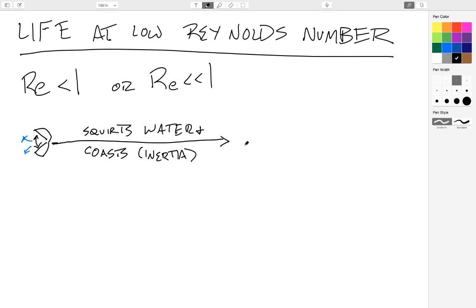It's definitely laminar, but it's not nearly as low as what you would see in a nanochannel. So the scallop slams shut, squirts out some water, and as a result it moves some distance. And it does this over and over. It opens up again and squirts out and moves and moves and moves. And this is how it moves through the water.